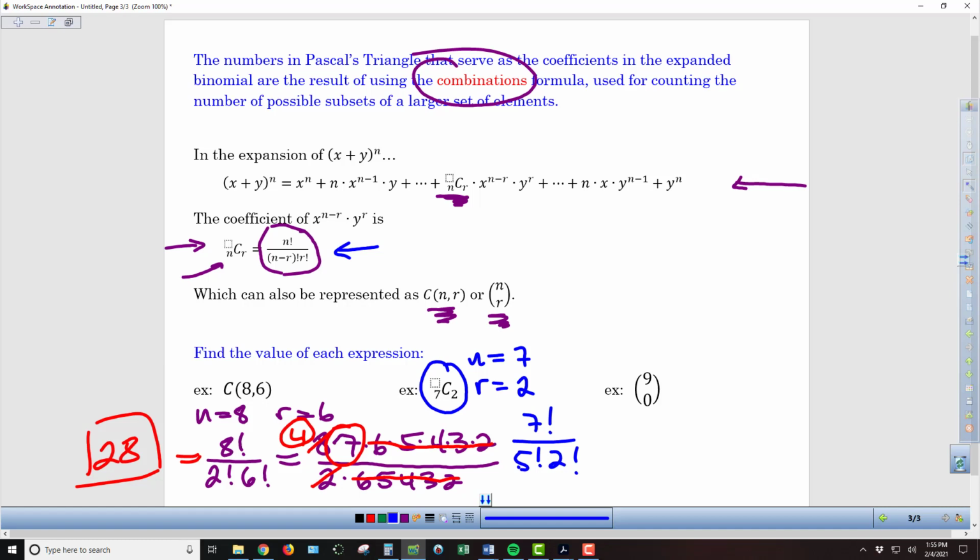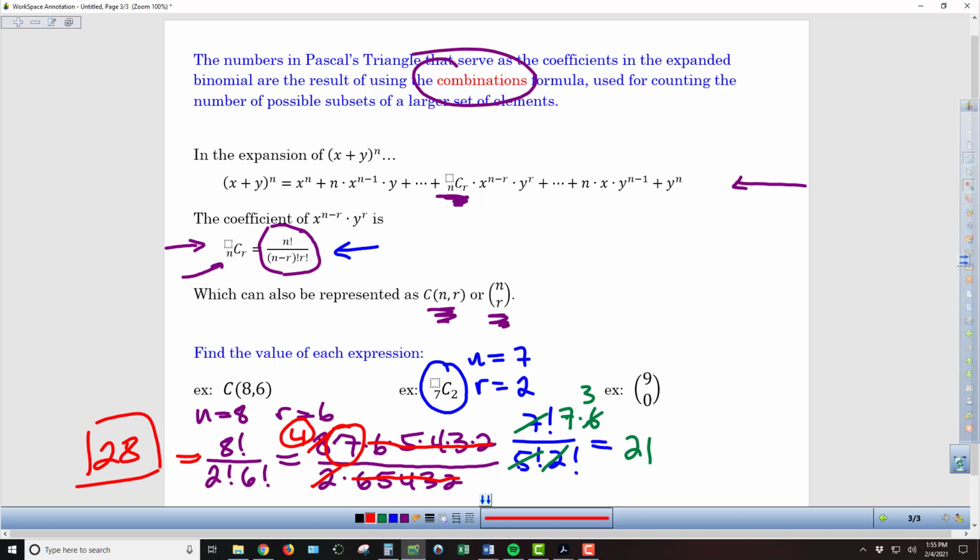And so then if we do our cross-canceling and reducing, hopefully in our head, we can see that 7 factorial over 5 factorial is going to reduce to 7 times 6, because the 5 times 4 times 3 times 2 is going to cross-cancel from the top and the bottom. And then 2 factorial is just 2, so we can reduce the 2 and the 6 to give us a 3. 7 times 3 is 21.